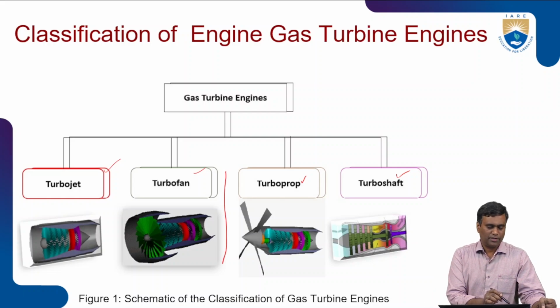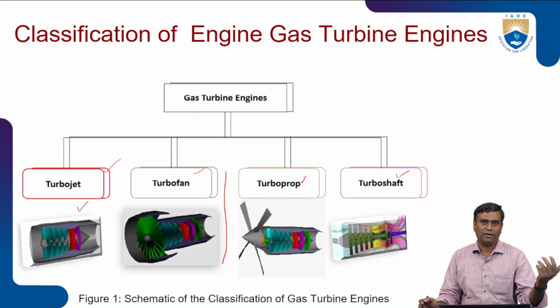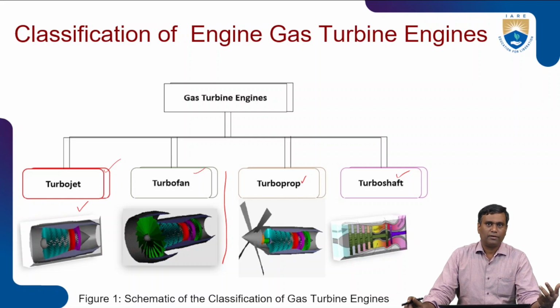Among these, turbojet is most efficient at high speeds and high altitude, whereas turbofan is mostly used by airliners. The reason is that it is efficient at relatively lower speeds and medium altitudes, which are usually required for airliners.